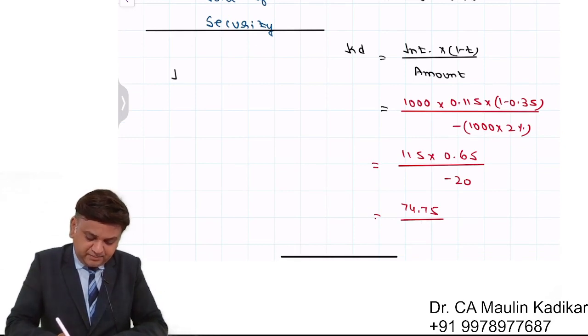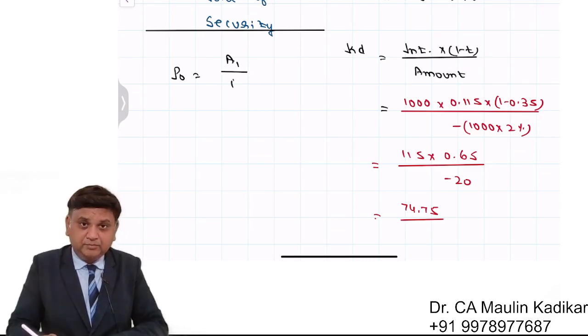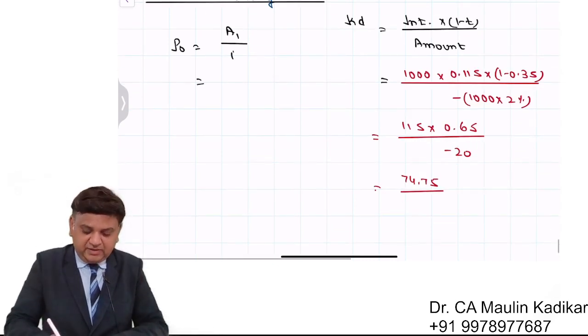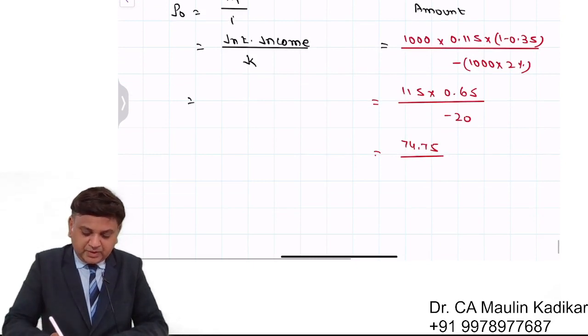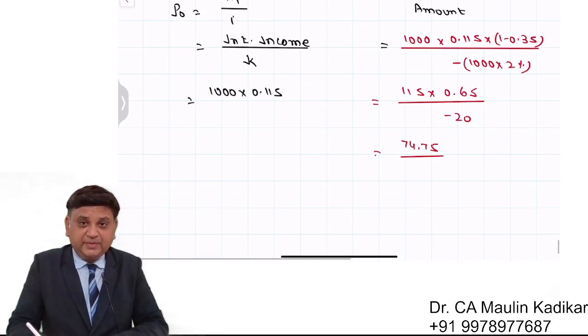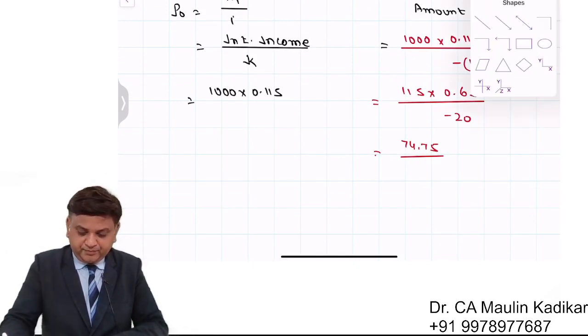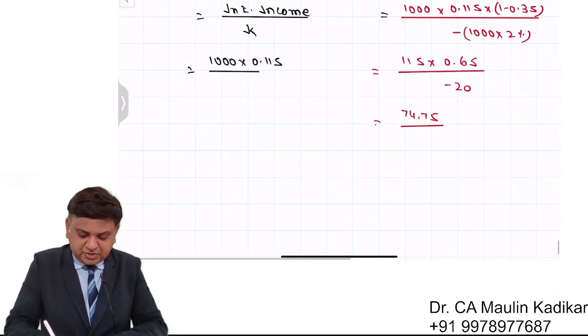So what will happen? P0 is equal to A1 divided by K. What is A1? A1 is interest income from investor point of view. Divided by what? K stands for the cost of capital. So in that case, it is 1000 rupees into 11.5 percentage divided by 14 percentage.